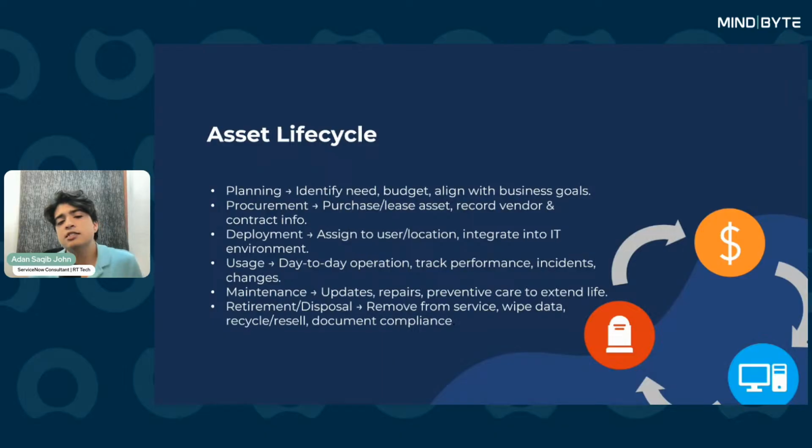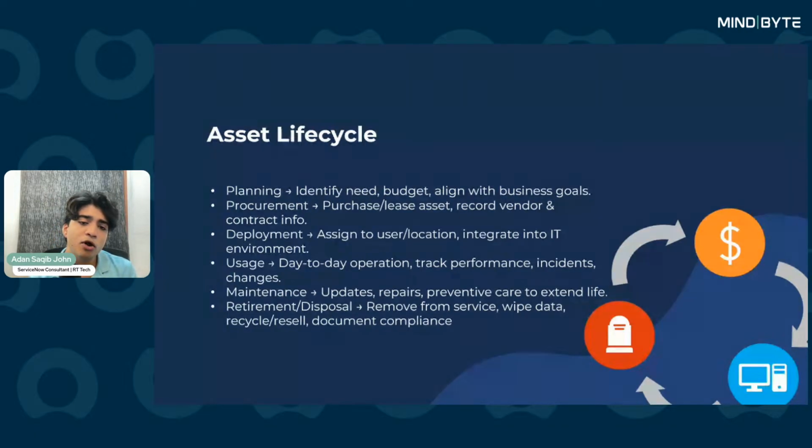Third stage is deployment. After you actually procure that asset, then comes the deployment stage, where you assign it to a user or a location or a service depending on the asset, and you integrate that asset into your IT environment inside this stage. After that comes usage.